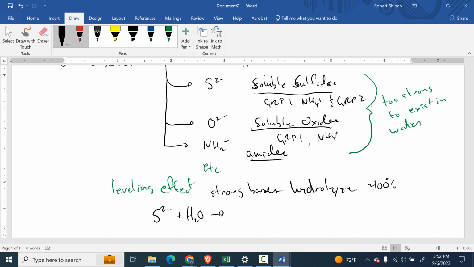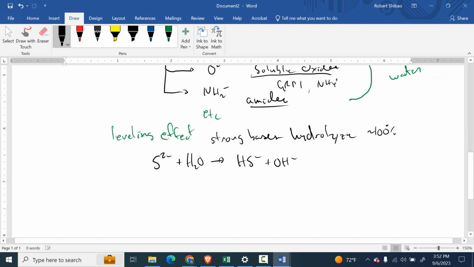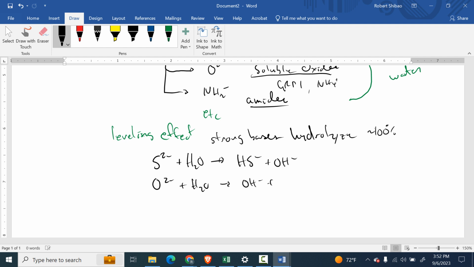And so if I have sulfide, it's going to hydrolyze water. Sulfide is a strong base that attacks water. It's going to form HS minus and OH minus. That happens completely. Oxide hydrolyzes water. This is going to form hydroxide plus hydroxide. Amide hydrolyzes water.